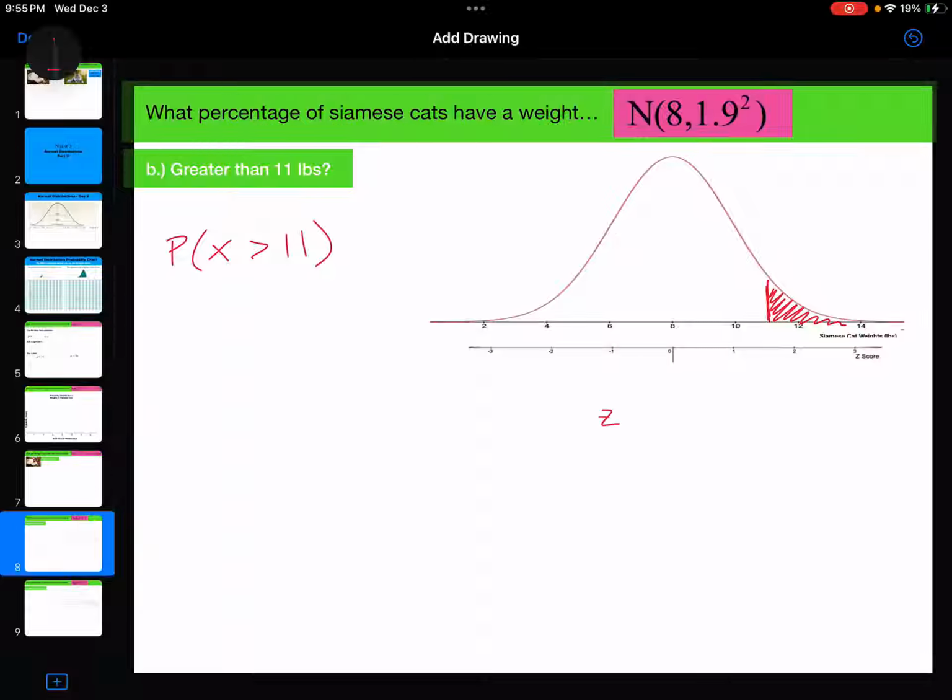So z is x minus the mean divided by the standard deviation. x is 11. My mean, if we look back up here to remind us, is 8. And our standard deviation is 1.9. So that gives me a z of 1.58. So now I'm going to convert my probability statement from an x to a z.